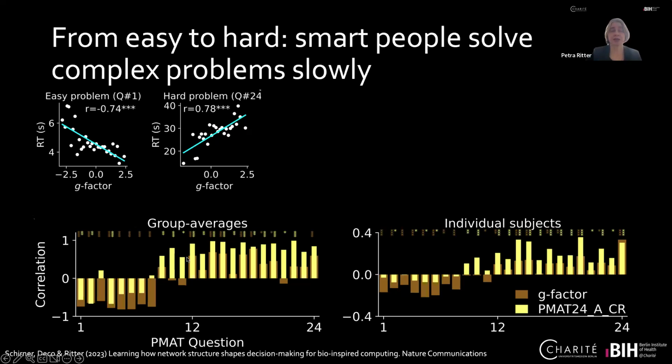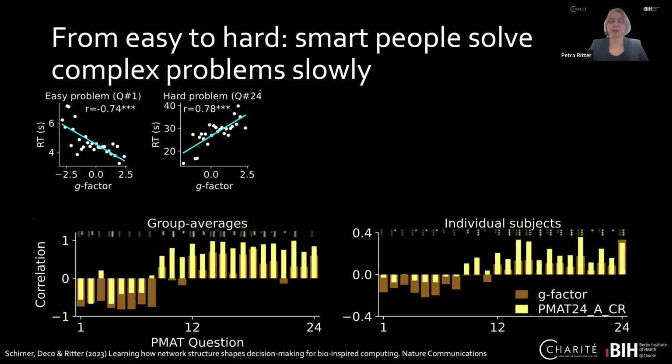And we now can look at all the individual 24 tasks. These are the group averages. These are individual subject results. What you see here is the correlation between the score, either the general factor of intelligence or the fluid intelligence score, the progressive matrices task, PMAT, and they behave very similarly.